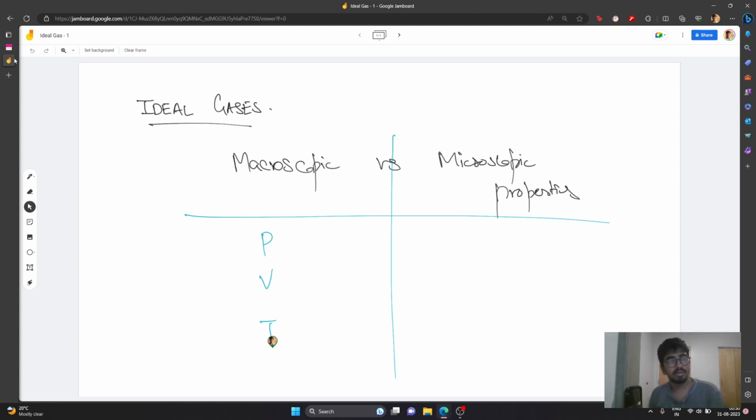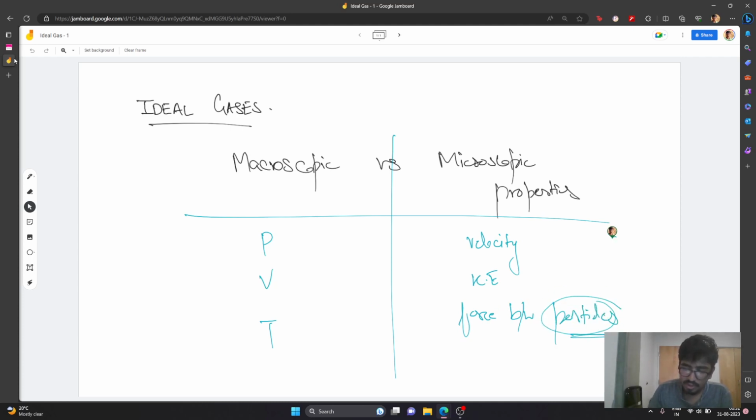But velocity of particles, kinetic energy of particles, forces between particles, anything to do with a single particle inside a gas chamber, we can call a microscopic property, but the whole thing on the whole is macroscopic.